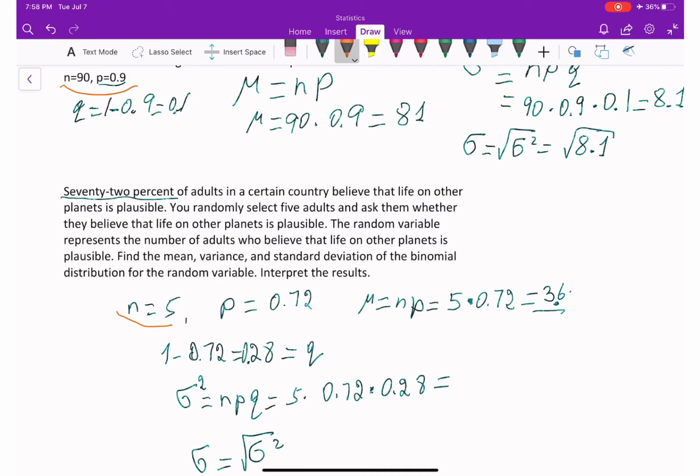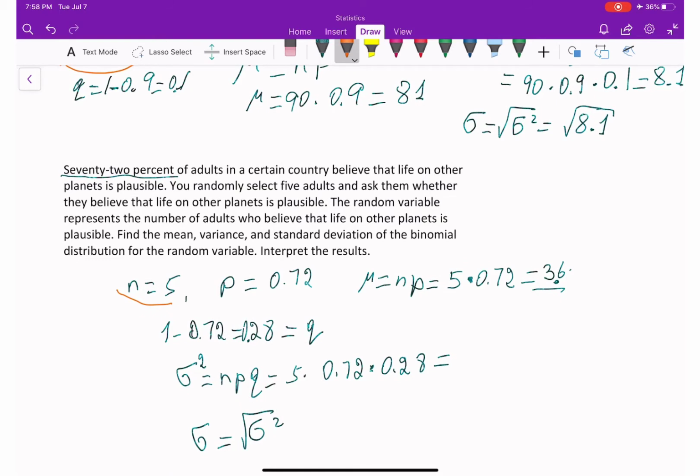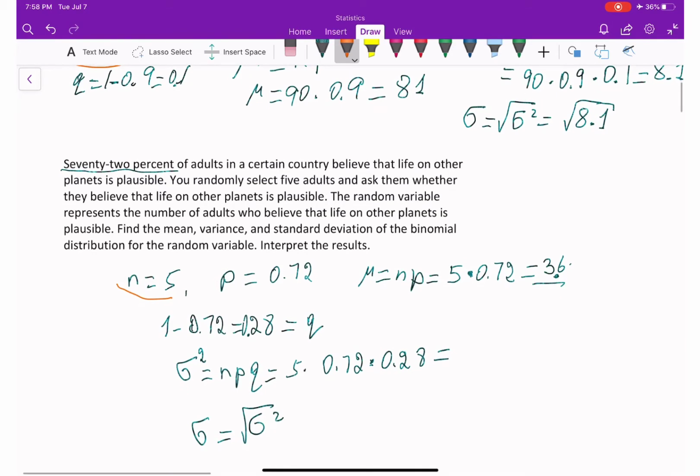The random variable represents the number of adults who believe that life on other planet is plausible. So, random variable, which means from 1 to 5. Okay, so find the mean, variance, and standard deviation of the binomial distribution.